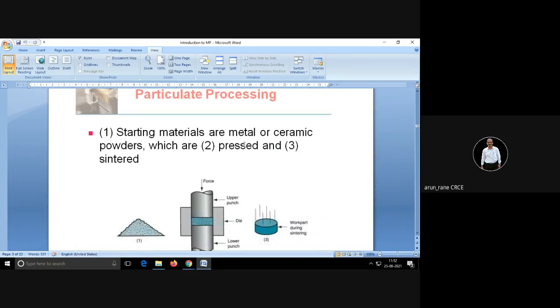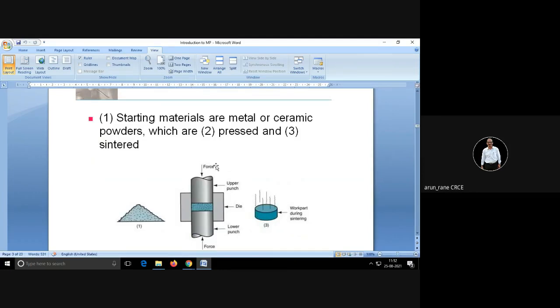Then you have particulate processing. In particulate processing the starting material, that is the raw material, will be a metal powder or a ceramic powder. So the limitation of this process is you should have a metal powder or a ceramic powder. Metal means mild steel, carbon steel, high speed steel, alloy steel, stainless steel. These are called the metal.